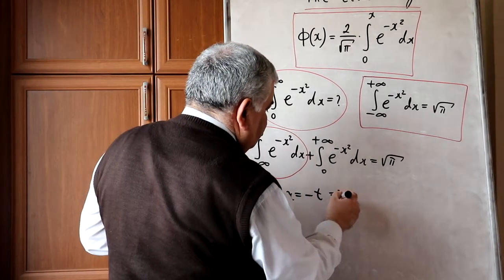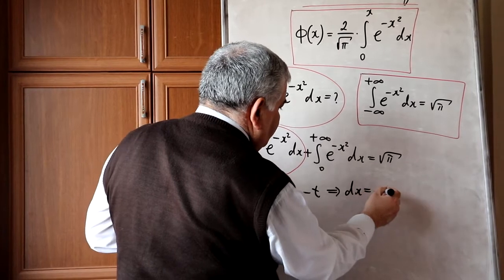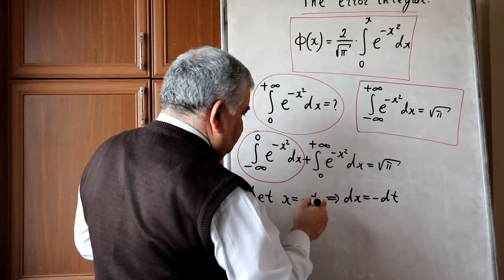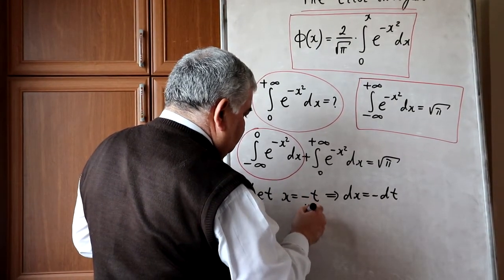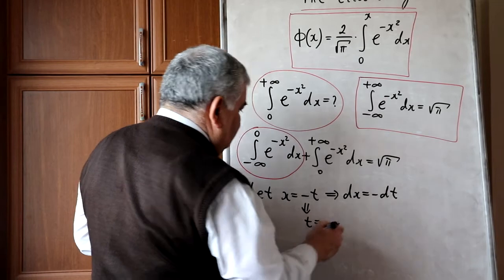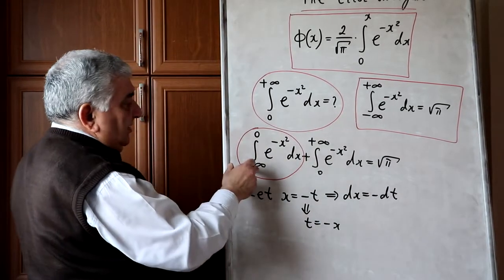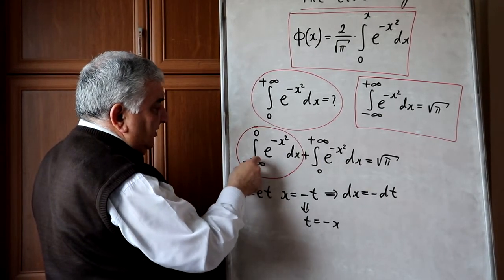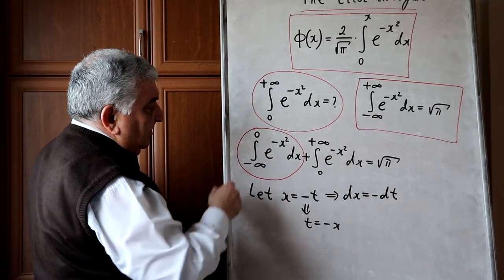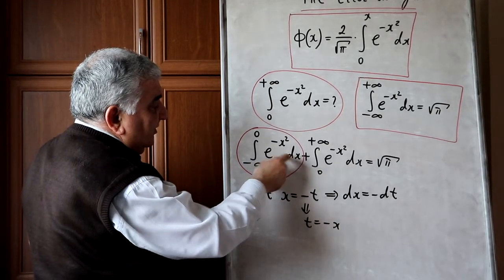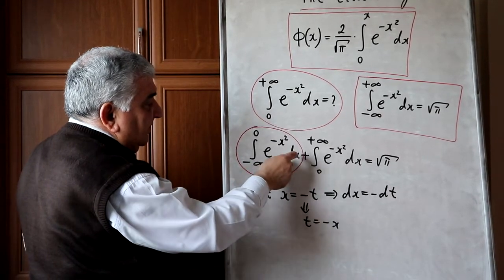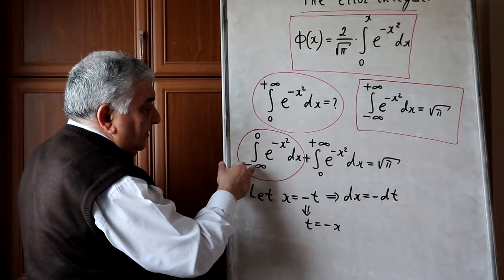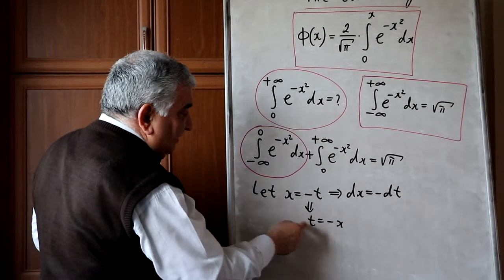Then dx is minus dt, and t is minus x. Then we must change the integral limits, because the given limits are for the variable x, and we must find the limits for the new variable t.